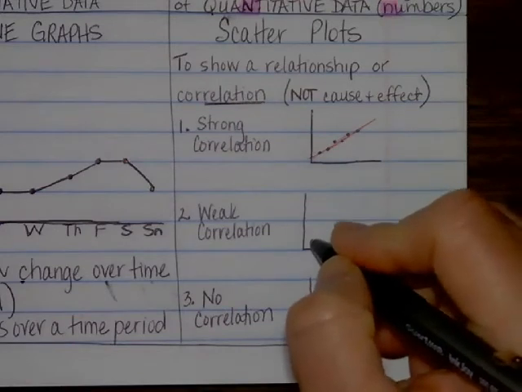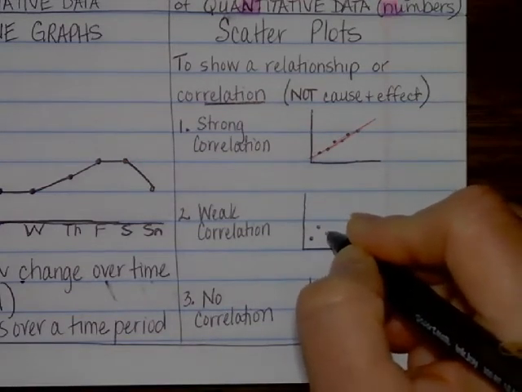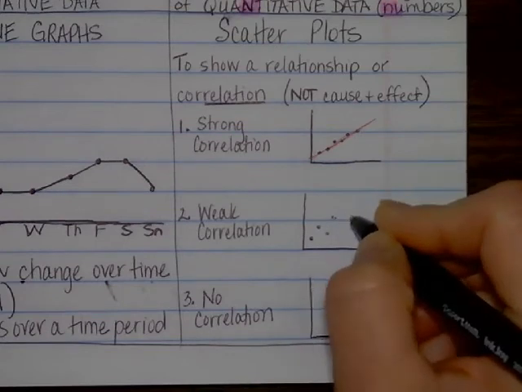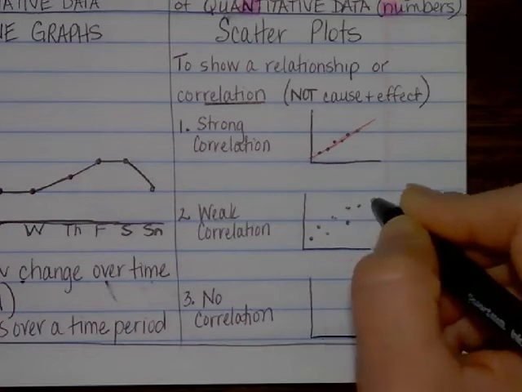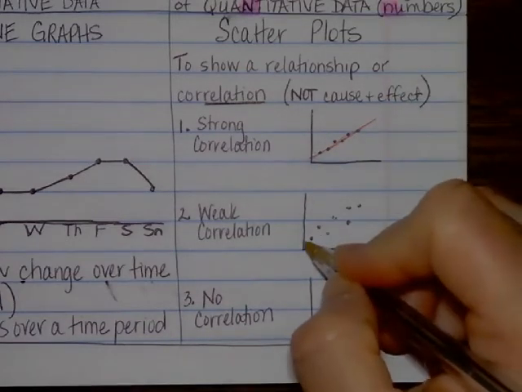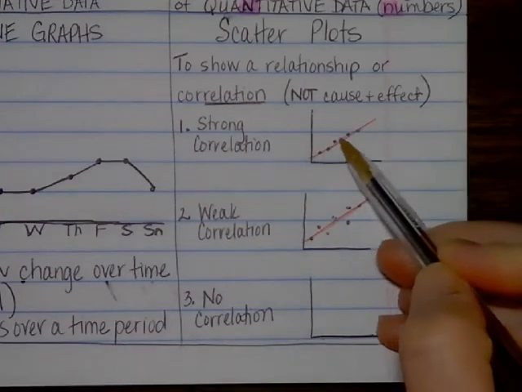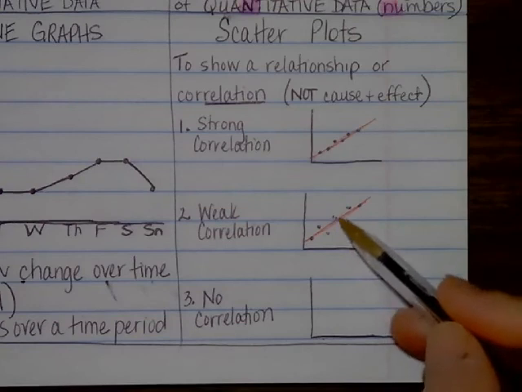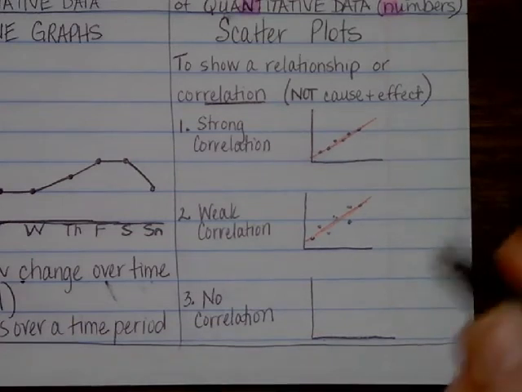A weak correlation would be that the dots kind of indicate a line, but they're not very tightly grouped. So when we do that line of best fit, we don't have as many of the dots falling right on the line. We've got them kind of grouped around it, so it looks like there might be a correlation, but it's not a really good strong one.